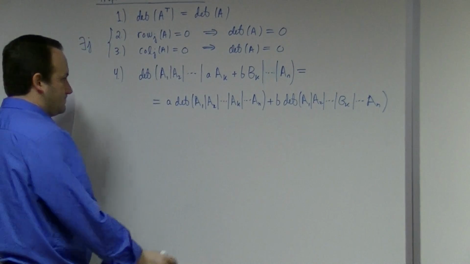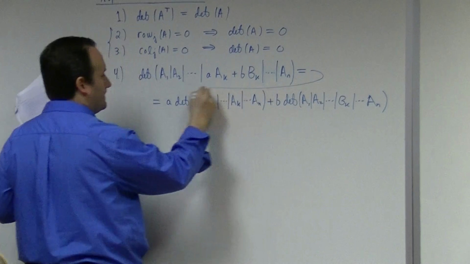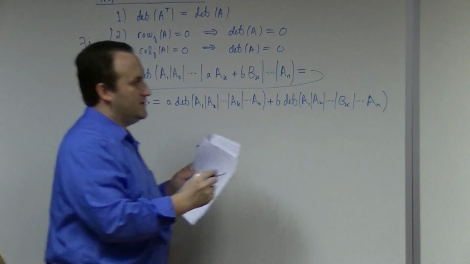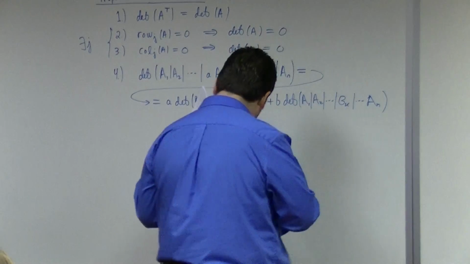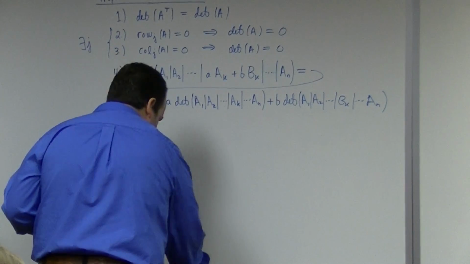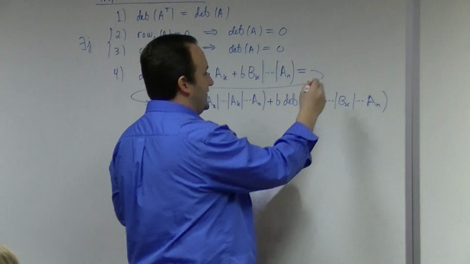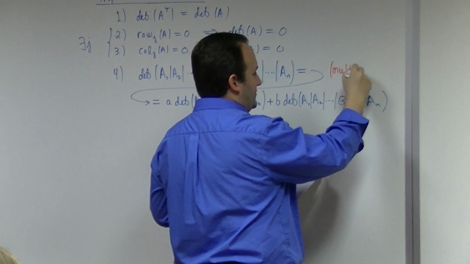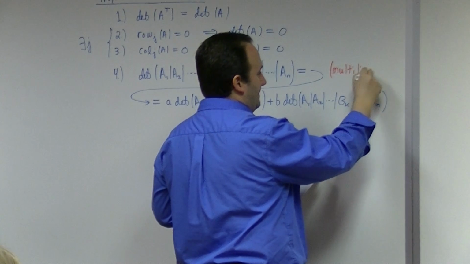So this item number 4 is known as multilinearity. It's different than saying a linear transformation. Here we have linearity with respect to multiple inputs, so this is multilinearity.